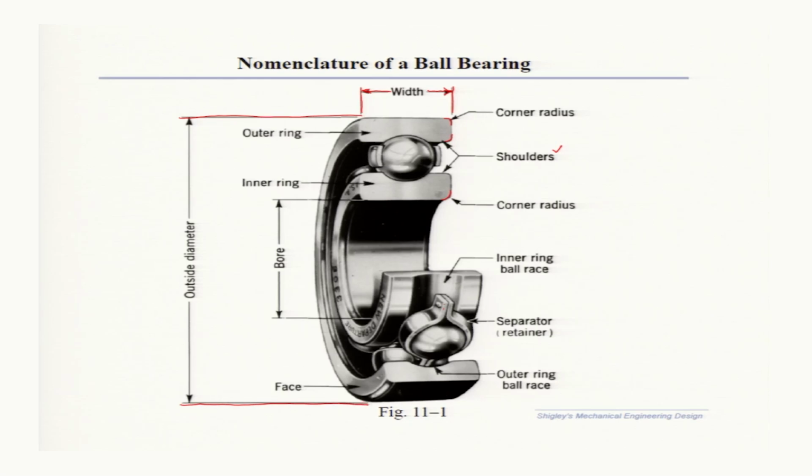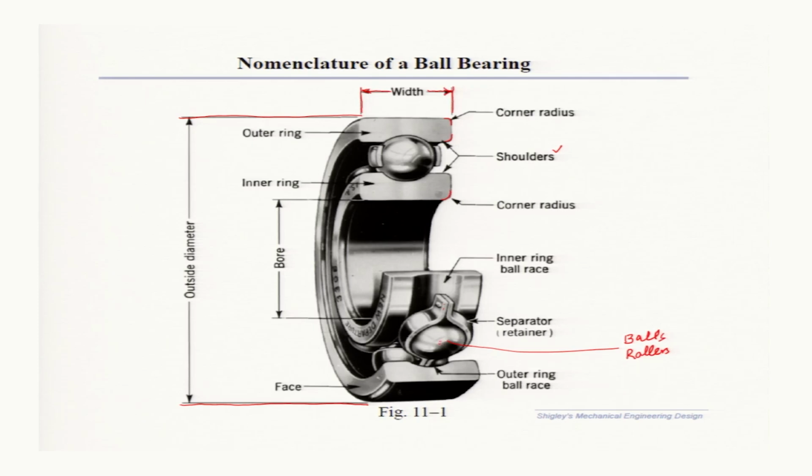Okay. So, the basic components are first the inner race, then the outer race, then the balls or the rolling elements, you may say. And in the case of ball bearing, it will be ball. For the case of rolling element bearing or the roller bearing, there will be rollers, balls and the rollers, and like that.